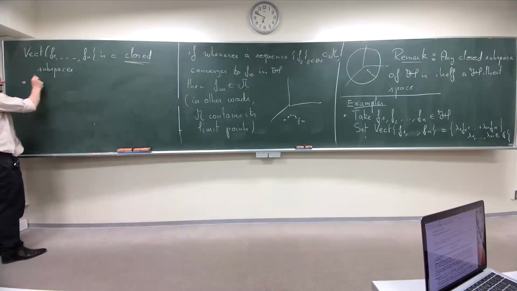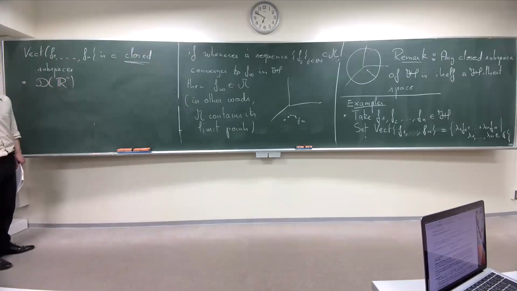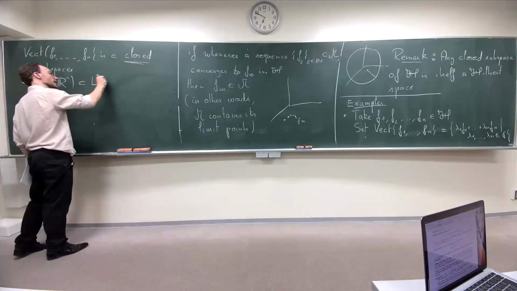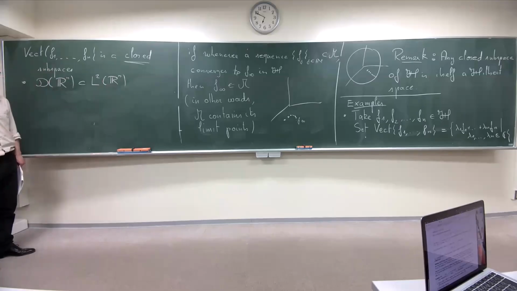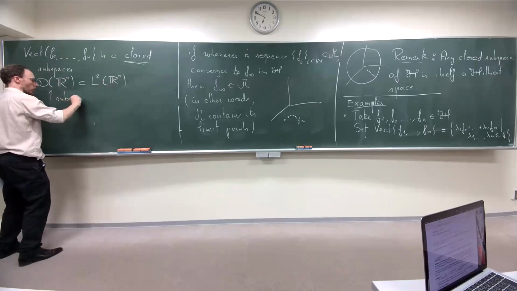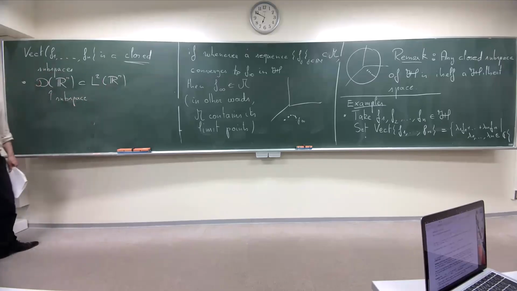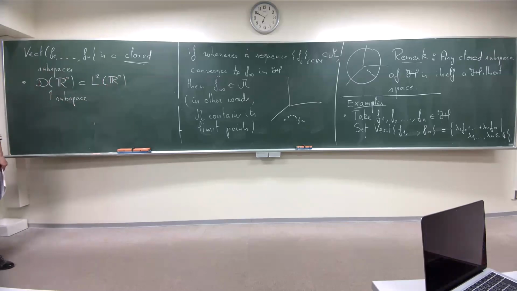Another example I already mentioned probably last week: the set of test functions we have seen in chapter 1. This is inside L2. This is a subspace. Why? Because the sum of two test functions is a test function. A test function, remember, is a very smooth function with bounded support.